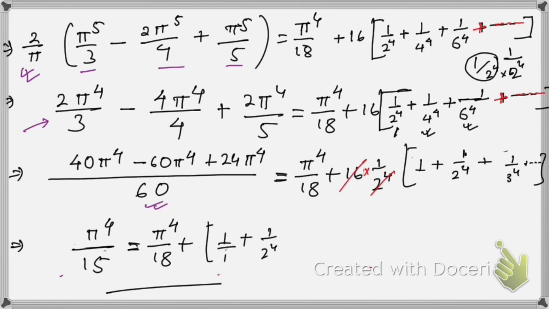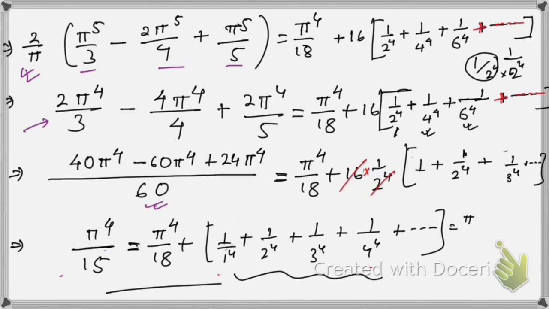So 1 can be written as 1 by 1 to the power 4, then 1 by 3 to the power 4, and 1 by 4 to the power 4, and so on, right? So these things can be written in the form of summation. So if we do so, then what we will get, pi to the power 4 by 18 plus summation from n is equal to 1 to infinity 1 by n to the power 4, right? So this is the result.